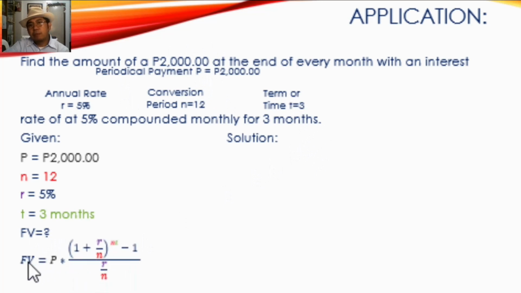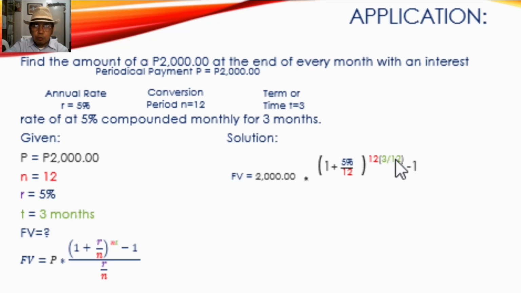To solve the problem, make use of this working equation. I made use of color coding here so that you will always understand how to substitute. So we have the future value equal to the periodic payment, 2,000 pesos, multiplied by 1 plus the annual rate, 5%, over n, which is 12, raised to 12 multiplied by 3 over 12.